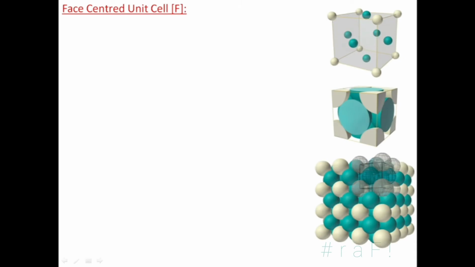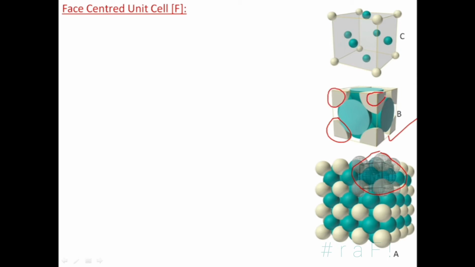Next, face centered unit cell. See these figures A, B, C. In figure A, you can see atoms of some element, and they construct a unit cell. In this, we get a unit cell like this. In figure B, you can see here the corner atoms' contribution is 1 by 8.